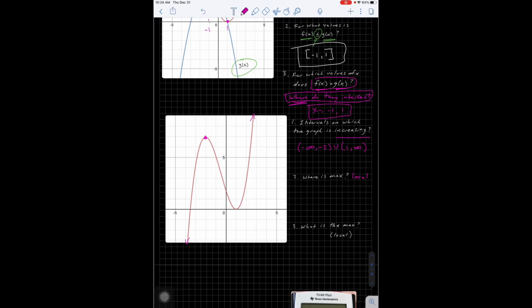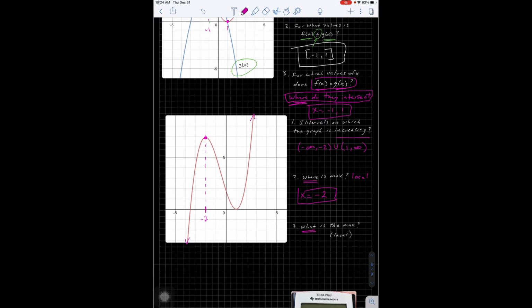It's the place where the roller coaster changes directions from going up to going down. And when I ask you where is it, that is asking you for an x value. So here I am at -2. That is where the maximum is.